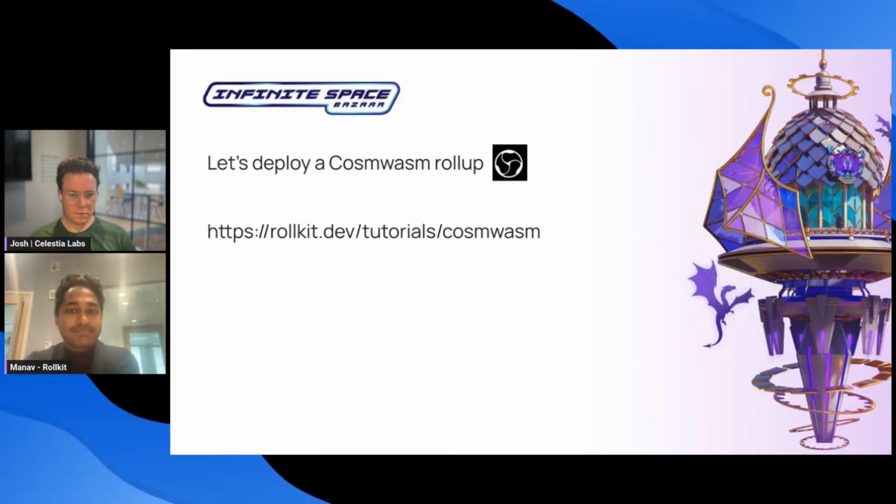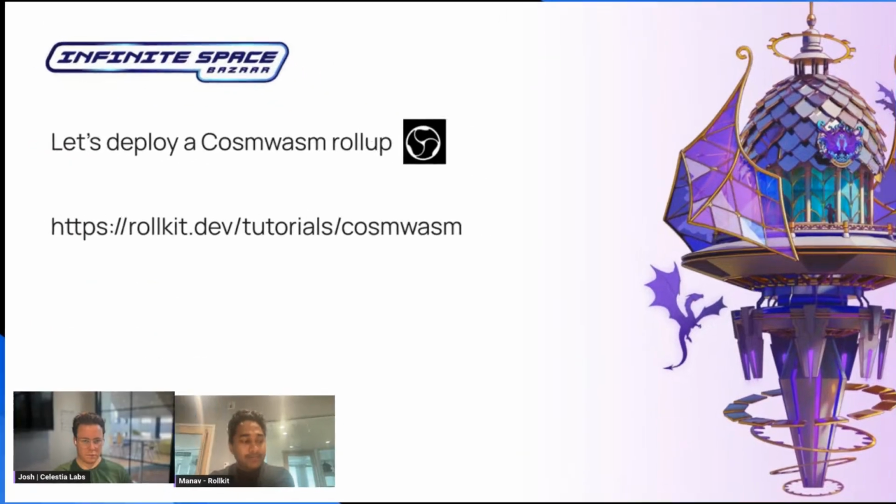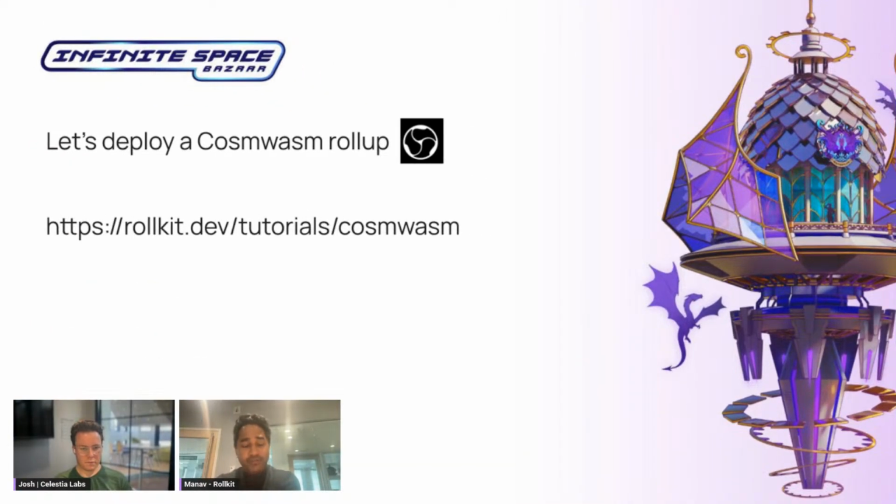And I guess that's an overview of the core features of Rollkit and how it works. Let's dive into actually deploying a rollup. We'll deploy a CosmWasm rollup for this workshop.